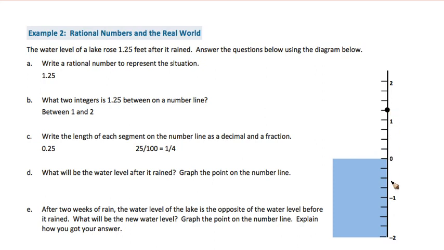It would be -1 and 2/25, which is moving towards -2 from -1. And then we'll make a little change. And then that makes a little more sense.